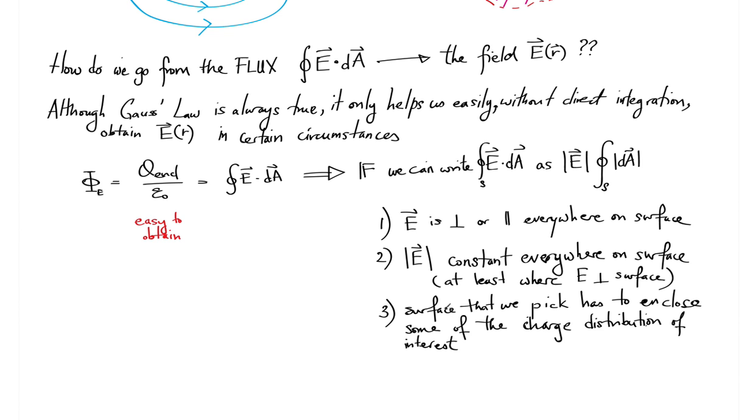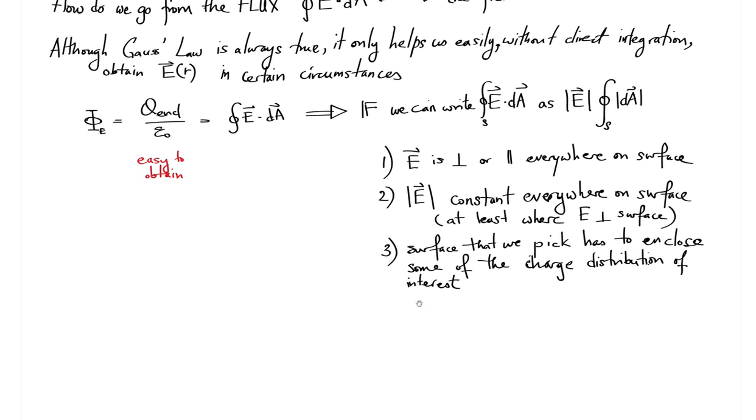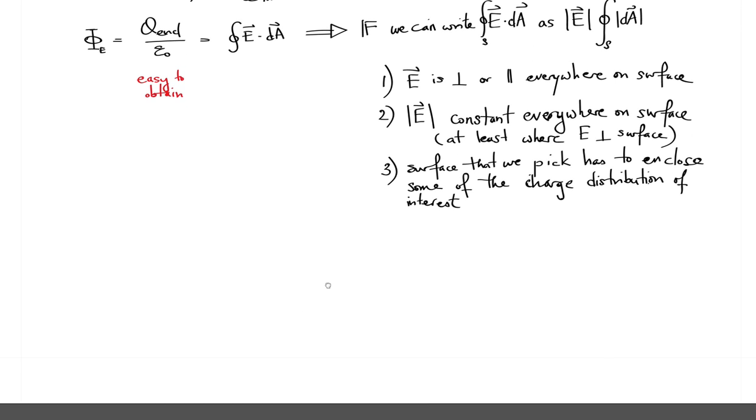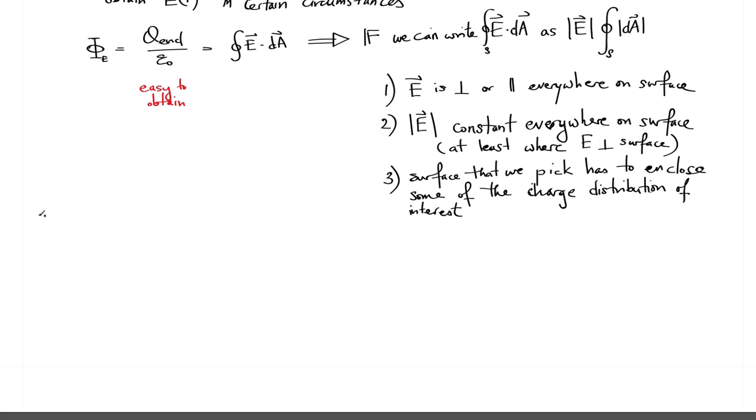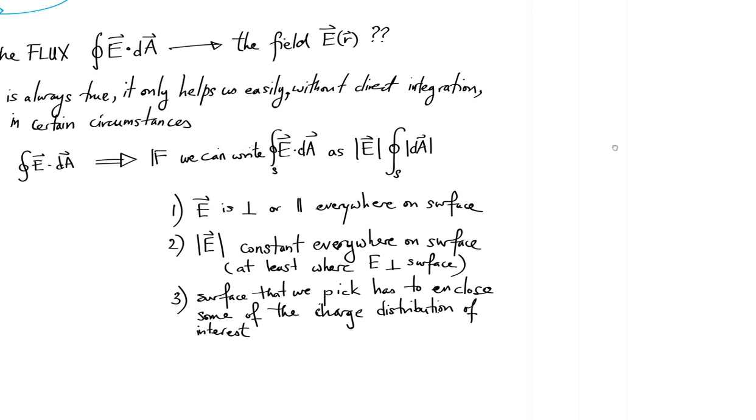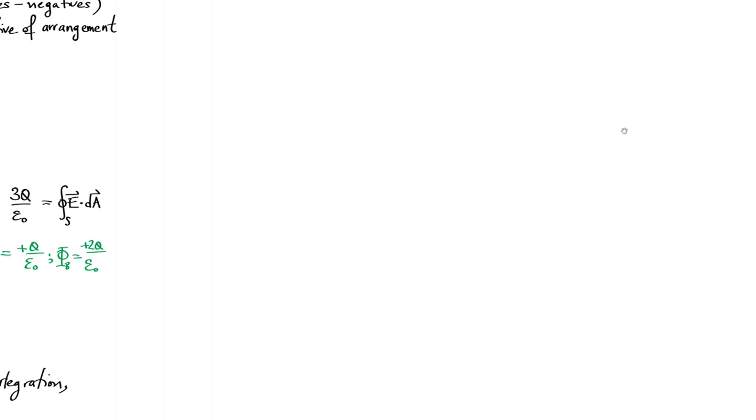All right. So it turns out there are precisely 3 situations where we can use these conditions to easily get the electric field by using Gauss's law. And so I'm going to start a new page. So basically these are when you have perfect spherical symmetry, perfect cylindrical symmetry, and perfect planar symmetry.